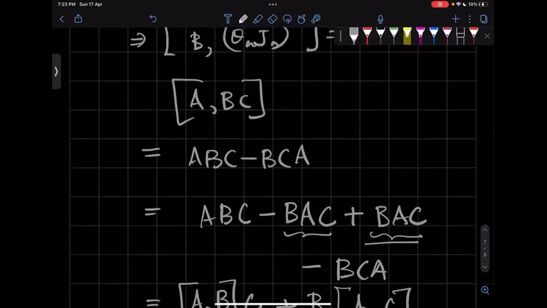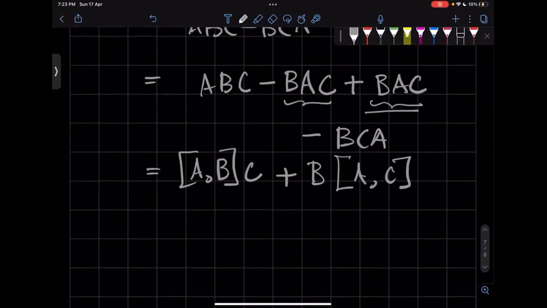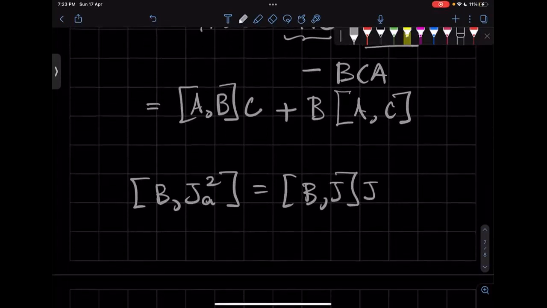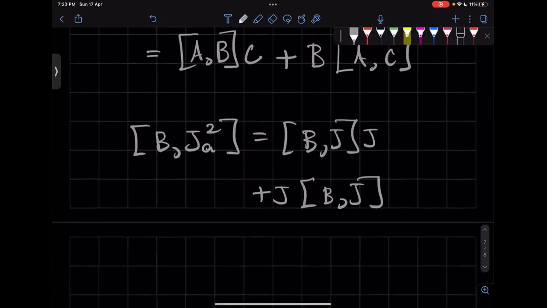So now if I apply this to the case of J_A squared, that will give me B times the commutator of B and J plus J times the commutator of B and J. So if this is 0, and if this is 0, this is 0, right?